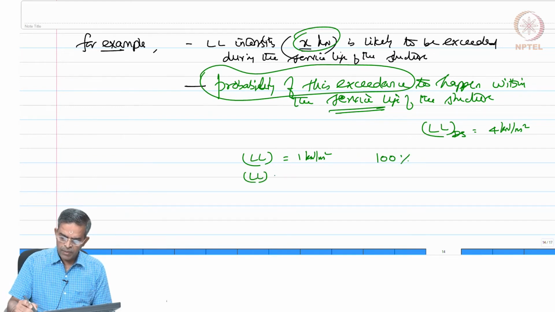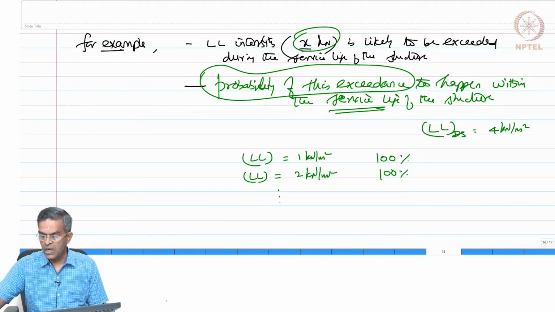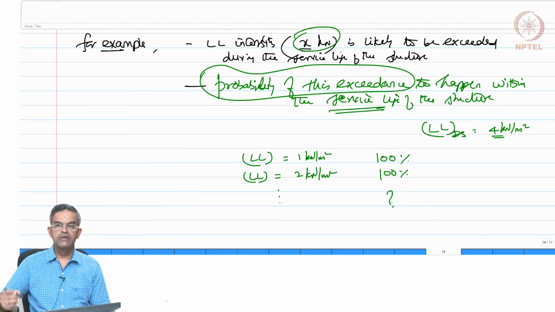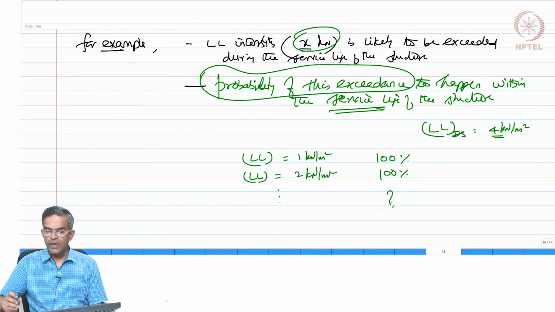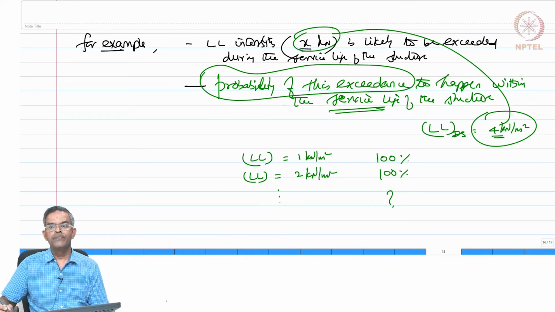Similarly, the probability of exceedance of a live load of 2 kilonewton per square meter is 100%. Keep on doing that. What would be the probability of exceedance of a live load of more than 4 kilonewton per square meter? That is what we are looking for. So, we have to choose a value and look for the probability of exceedance of that value. That is the art of addressing the uncertainty in the load in the probabilistic sense.